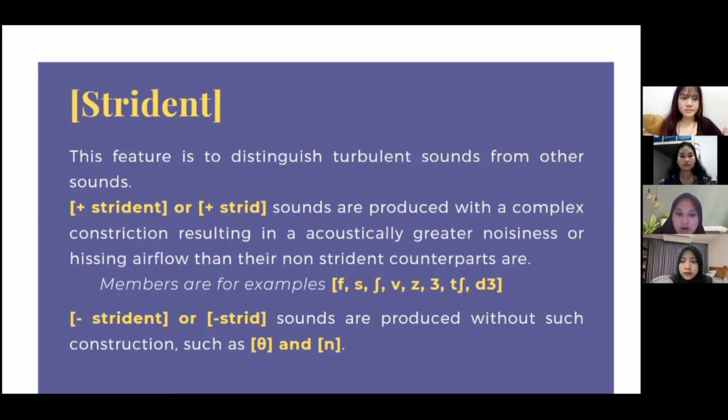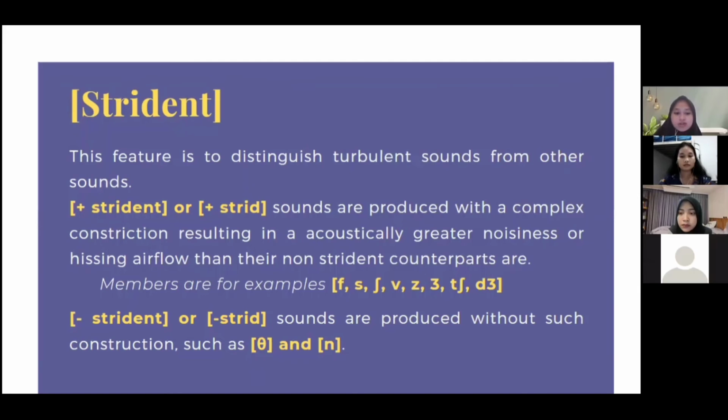Members are, for example, is, of, here, and the others. Minus strident or minus strid sounds are produced without such constrictions, such as the and the.